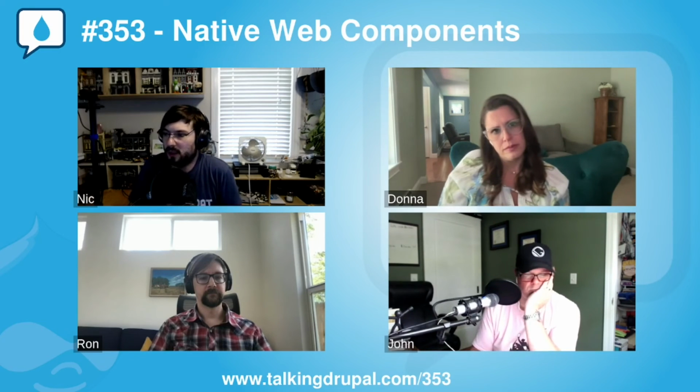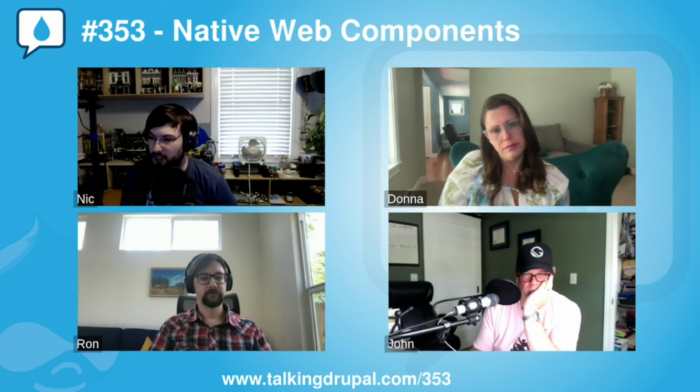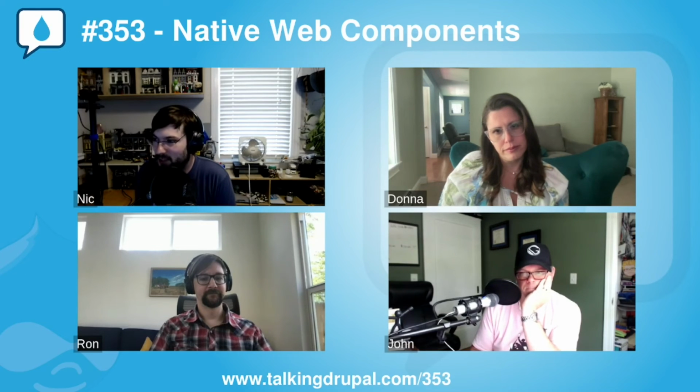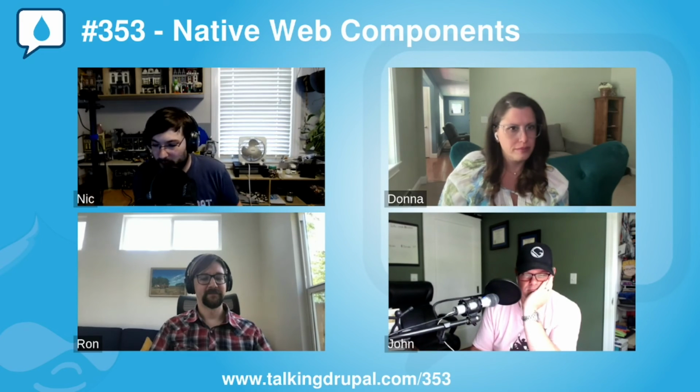Well, yeah, but there's an important distinction too, actually, because there's kind of two levels to this. What you guys are talking about right now is kind of on the integration side, right? On the integration side, you already have a native web component, and you're basically telling Drupal, I don't know how you would do it without using the library system. That'd be kind of bizarre not to. You're basically telling the library system, this is the JavaScript for this library.